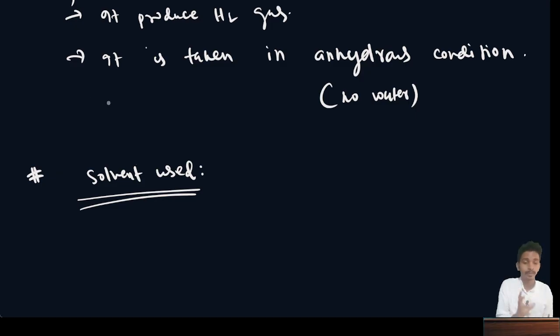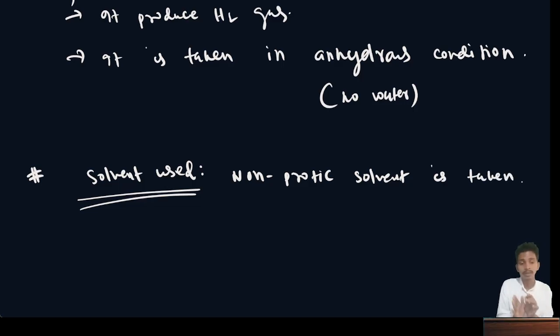The solvent is always a non-protic solvent. Polar solvents are not taken, because the lithium aluminum hydride reacts with those solvents itself, and no reagent is left to do the reaction we are supposed to do.